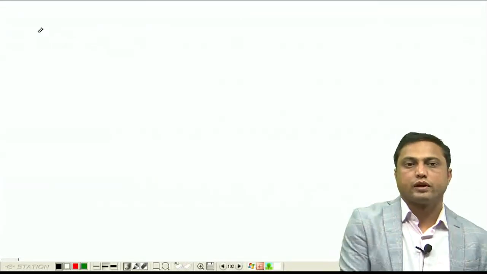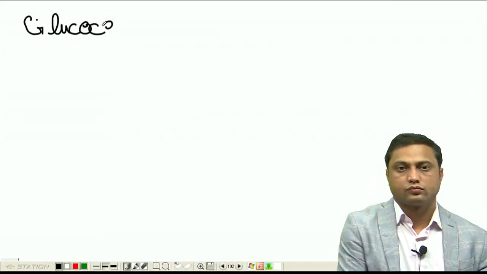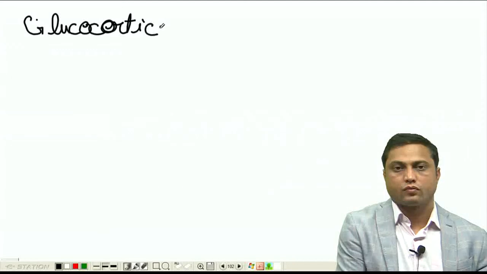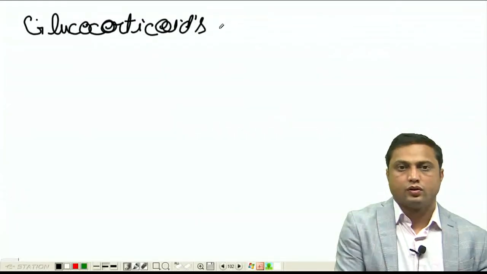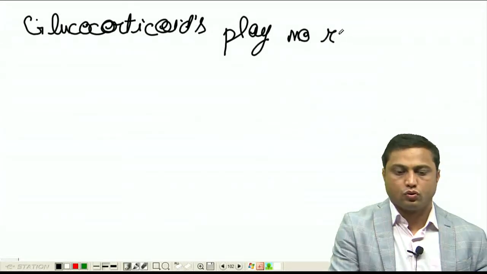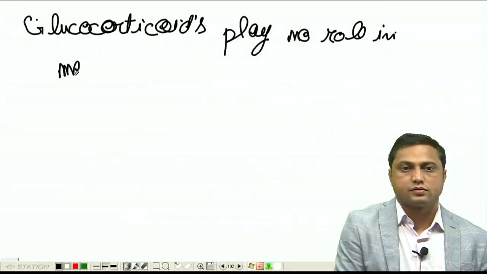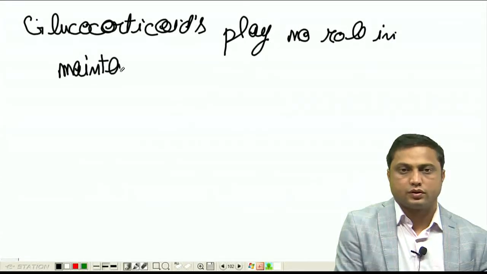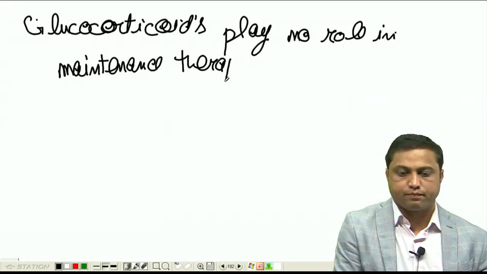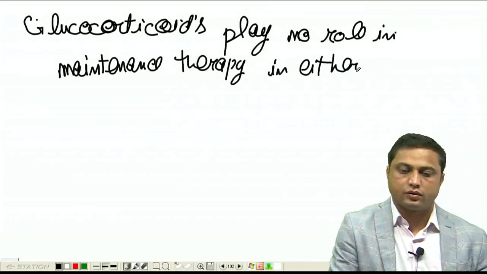These glucocorticoids play no role in maintenance therapy in either ulcerative colitis or Crohn's disease.